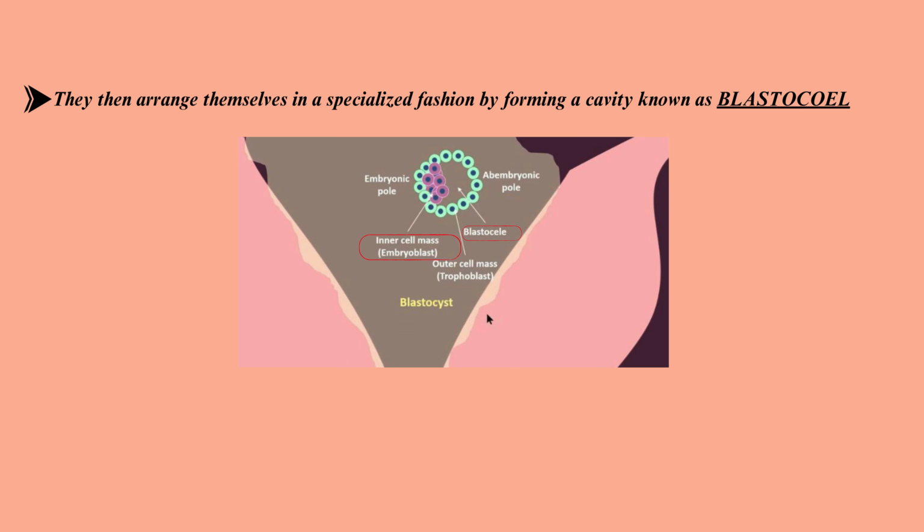The inner cell mass we call embryoblast and the peripheral cell or outer cell mass, we call them trophoblast. And this pole of the embryo that is having the inner cell mass is called embryonic pole, and the opposite is called abembryonic pole. And the early embryo at this stage is called blastocyst.